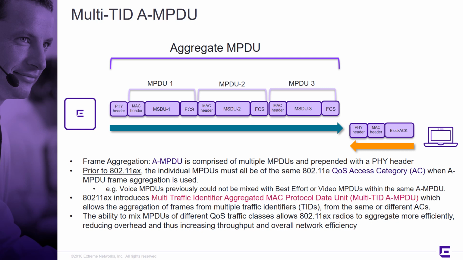But now with 11AX, we have the ability to change this, and we can combine voice, video, data, and so on, the best effort and background traffic categories into A-MPDUs. So it allows scheduling at the access point and clients to be more efficient, being able to send longer frames, not having to hold back one type of traffic while waiting on aggregating another, and so on.